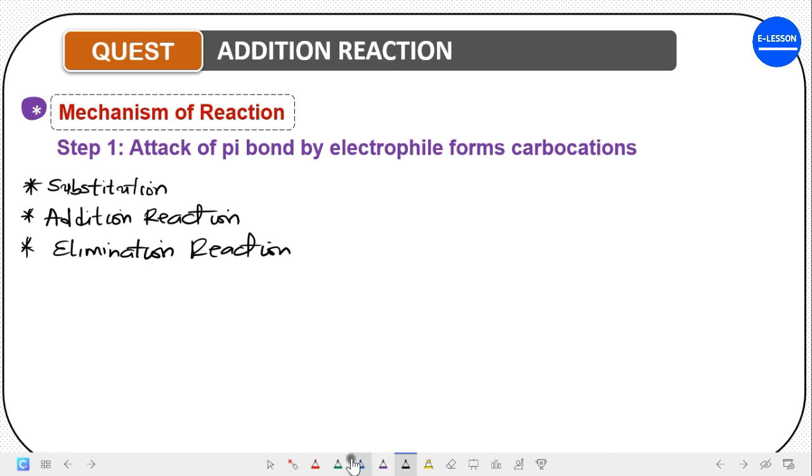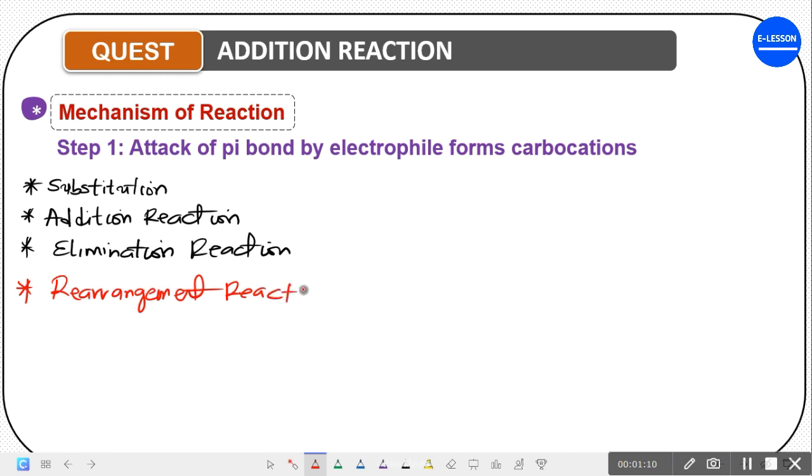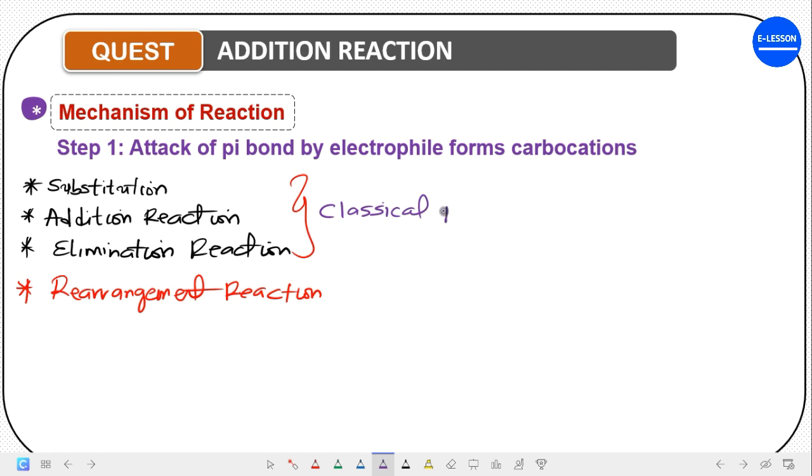Now, the fourth kind of reaction, which is not regarded as a classical reaction, is the rearrangement reaction. So we said we have three classical reactions. We call this the classical reaction. And our topic of interest today will be the addition reaction.